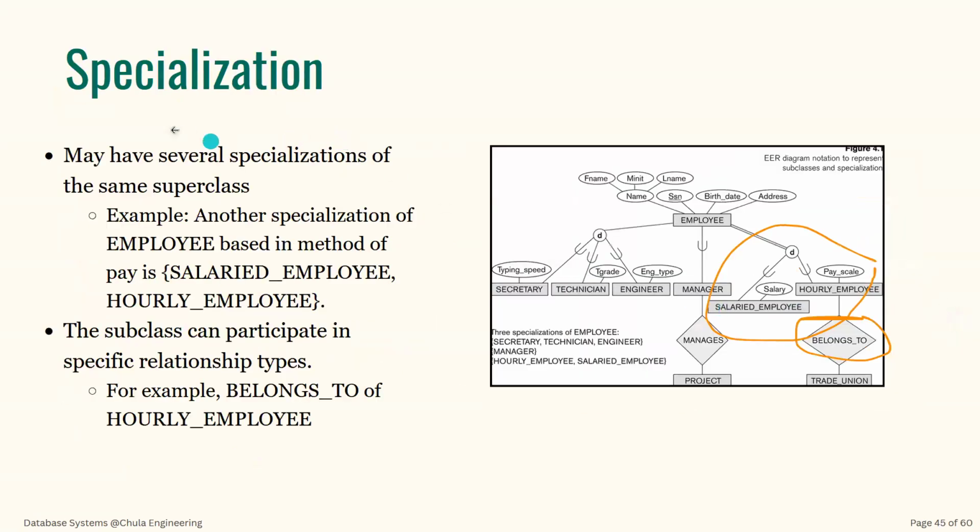Now, furthermore, what we can do is that you can have several specializations of the same superclass. For example, I have another specialization here, right? Salaried and hourly employee. So what it means here is that the subclass can participate in specific relationship types as well. What it means is that I have employee here, right? And then I have subtype on the right, say an employee must be hourly employee or salaried employee.